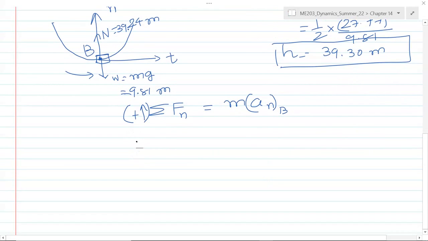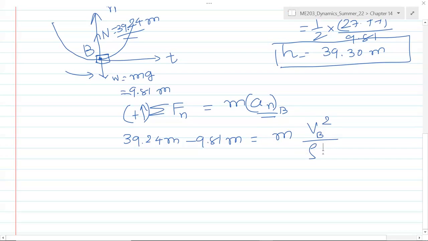That means 39.24 m is positive, minus 9.81 m equals m times acceleration at B. It's normal acceleration, so it's v squared divided by rho, again from chapter 13, equations of motion.